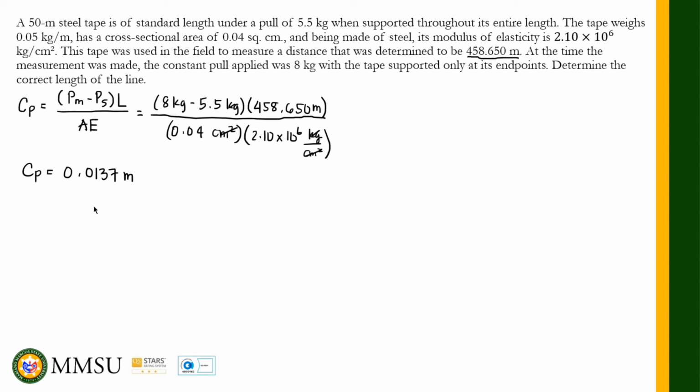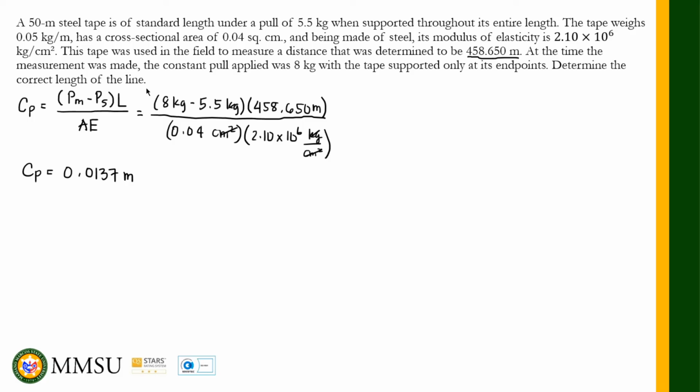For the correction due to sag, our formula applies to every unsupported length only.